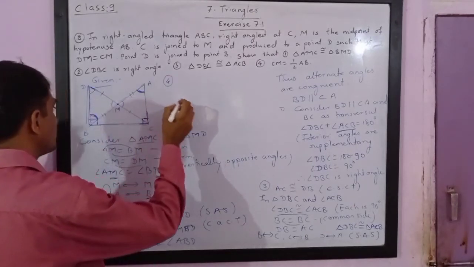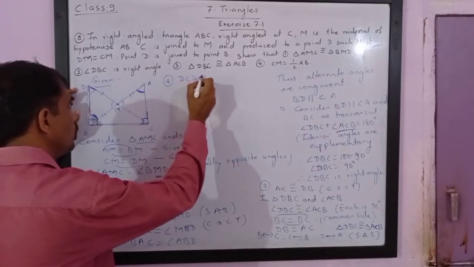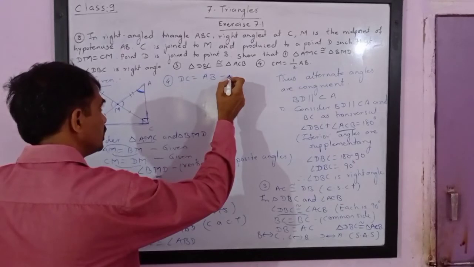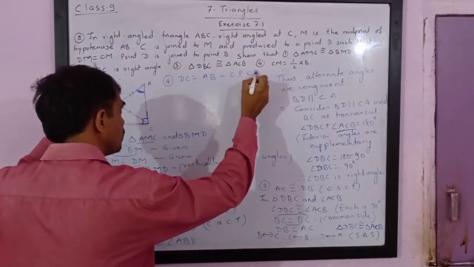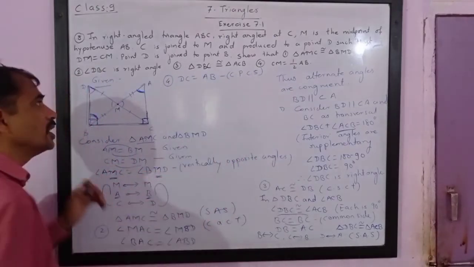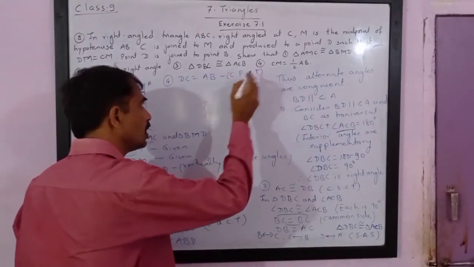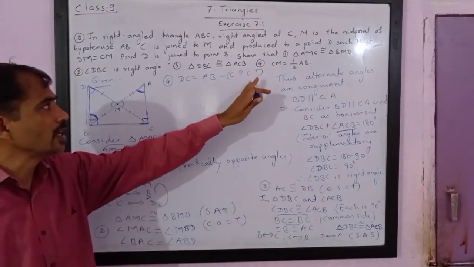So for the fourth answer we will need DC is equal to AB. Reason is corresponding parts of congruent triangles, or you can say corresponding sides of congruent triangles.